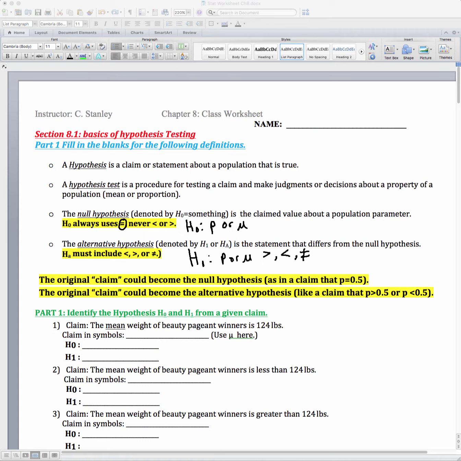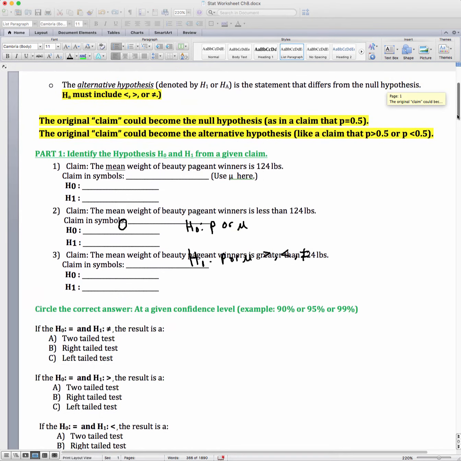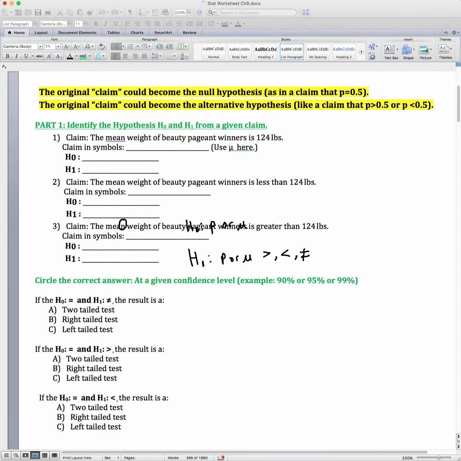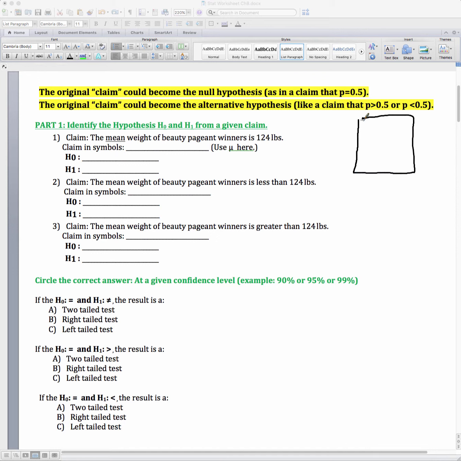Okay, so let's go ahead and start with this example right here. This little statement here is very important because the claim doesn't always have to be in the null. Like I said earlier in the other video, I could say, hey, I'm an 80% shooter.